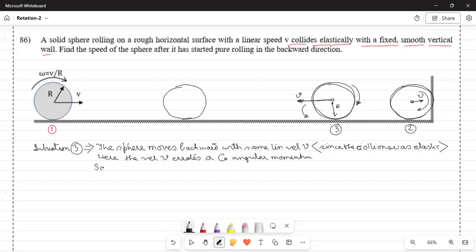So net angular momentum is equal to mvr minus I omega.